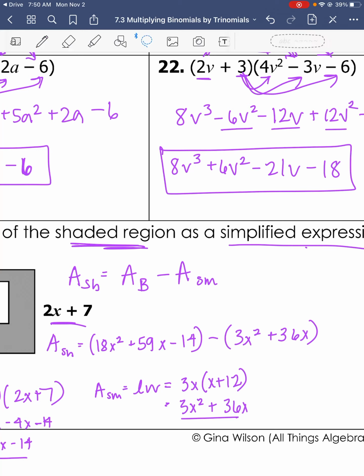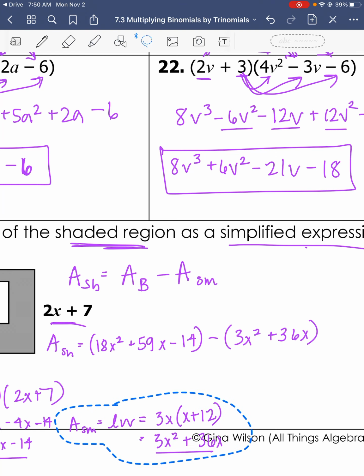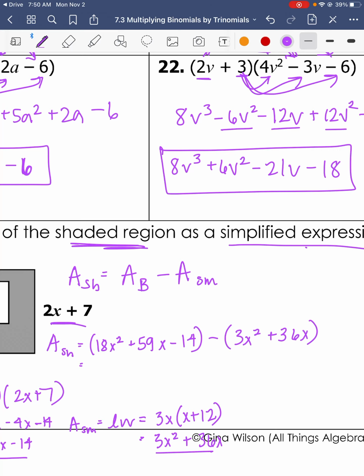Okay, and now we're just subtracting, which we did in the first section here. So I'm just going to move this off here so that we can have enough room to do this. First thing we have to do is rewrite without parentheses, but we have to distribute this negative among those two terms. So we have 18x squared plus 59x minus 14 minus 3x squared minus 36x.